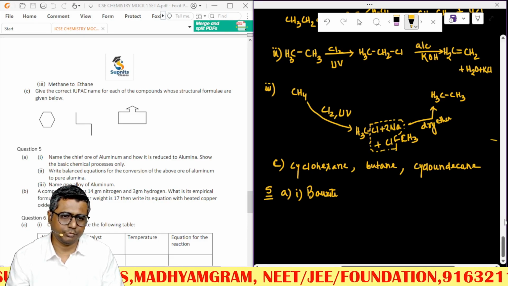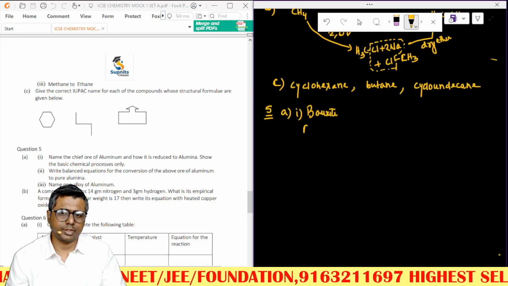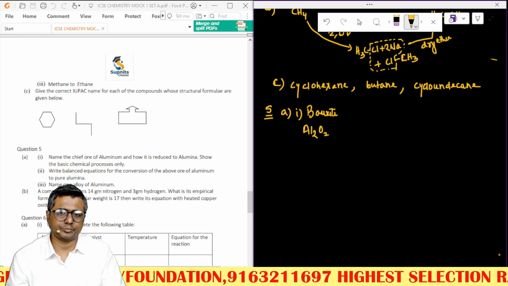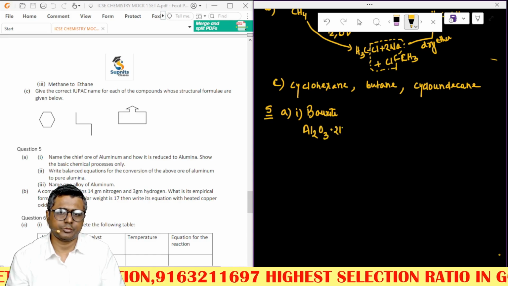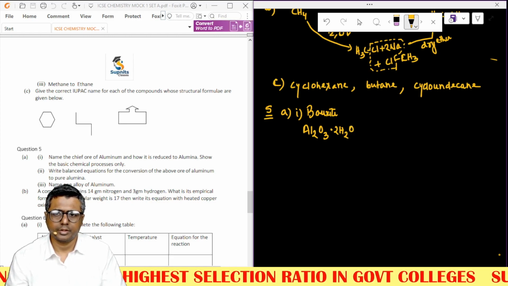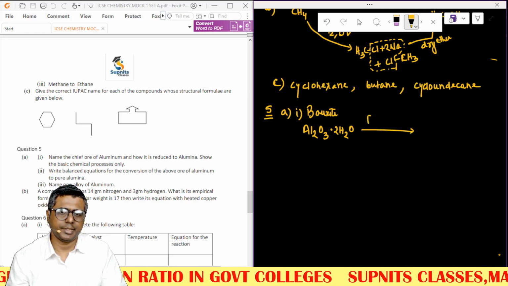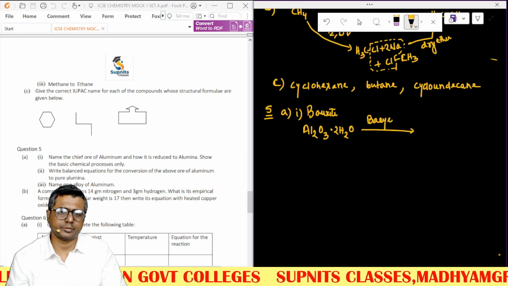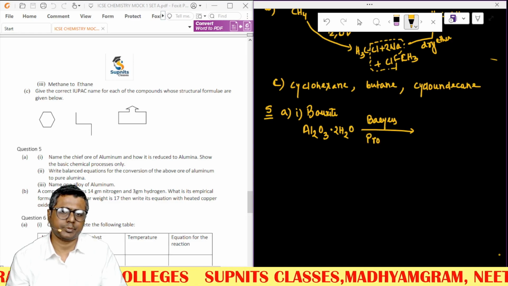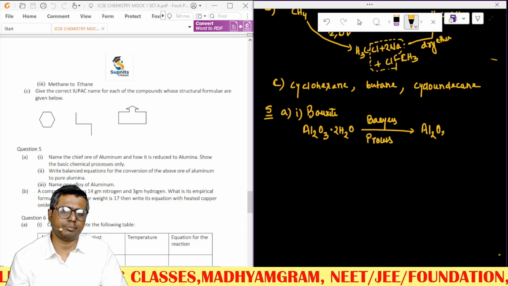So I'll just give you a flow chart over here, that is the answer key type. From bauxite, which is Al2O3.2H2O, first of all you have to concentrate this. So you have to go through the Baeyer's process, where you are going to get pure alumina.